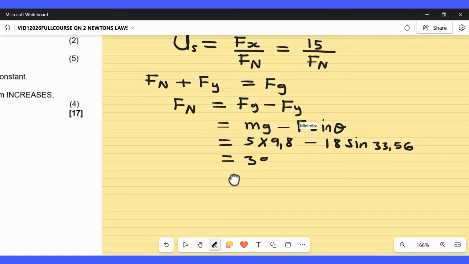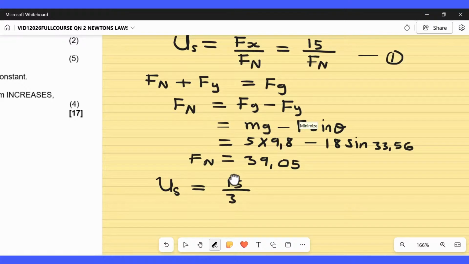When you get calculators here, it gives me 0,38. Now this coefficient doesn't have units because it's a ratio. It's a ratio between the normal force and the frictional force.